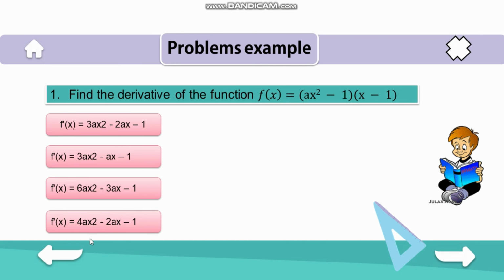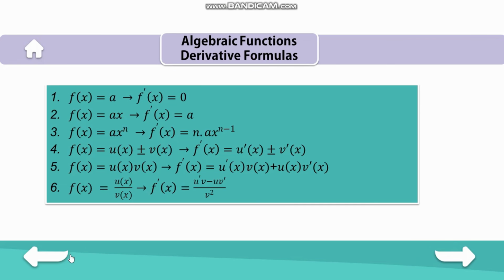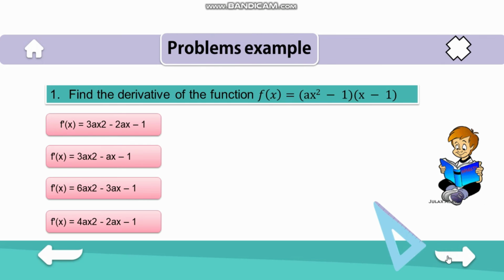If I want to see the previous, I can click previous, and to see the next, I can click that. And when I am done with the slide, I can click this icon.